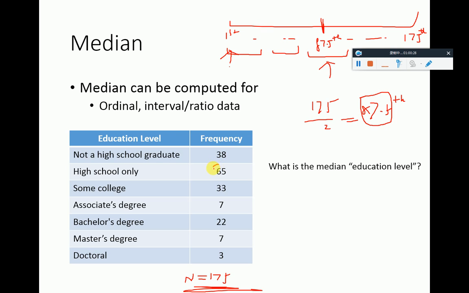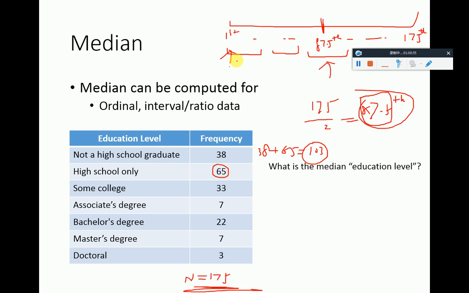Could this category include the 87.5th individual? Yes, it could, because 38 plus 65, that's 103. 103 obviously includes this individual.